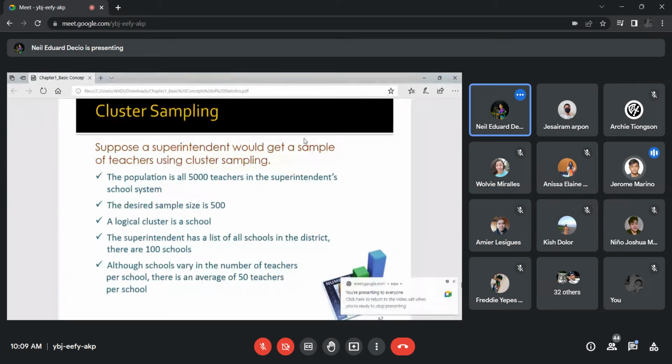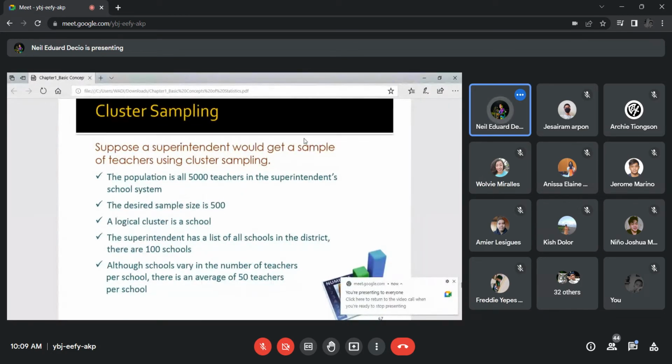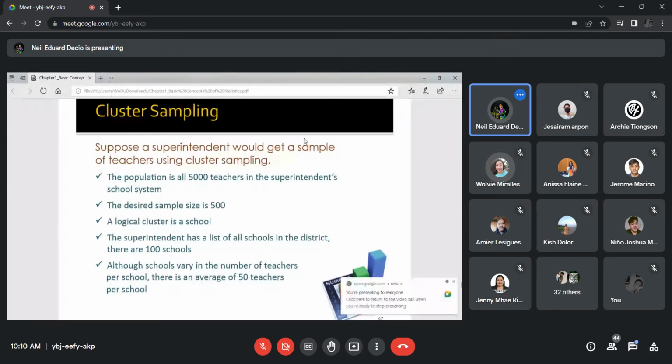Ah, 20 schools. 500 divided by 50, so what is that? Ten. Okay. So we should be selecting 10 schools out of 100 schools, because there's an average of 50 teachers per school. So we should just be selecting 10 schools.